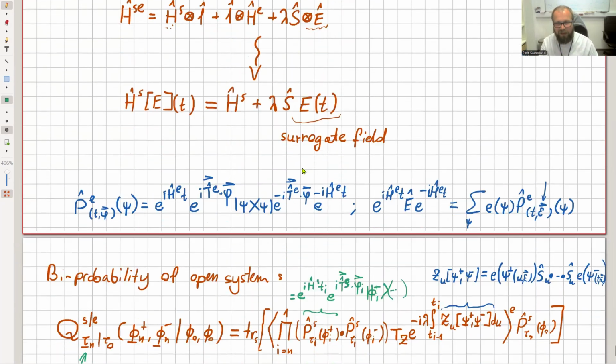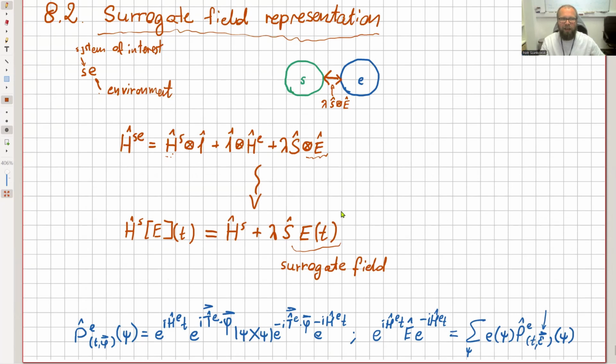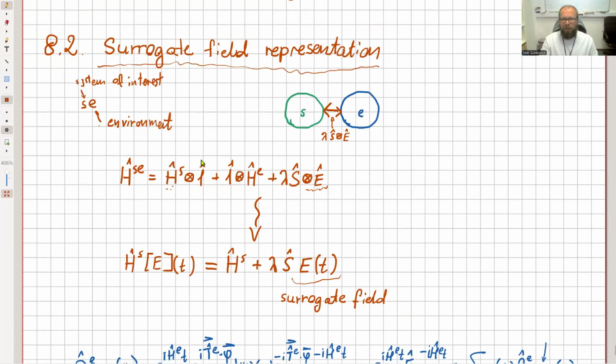All right, so to summarize this, we have a system and environment, a two-party system with S and E. They're coupled. The real dynamics is generated by this Hamiltonian with the coupling between S and E written down here.